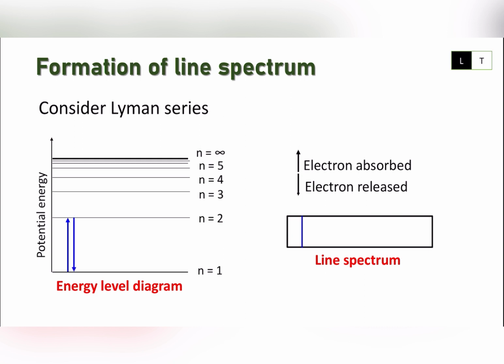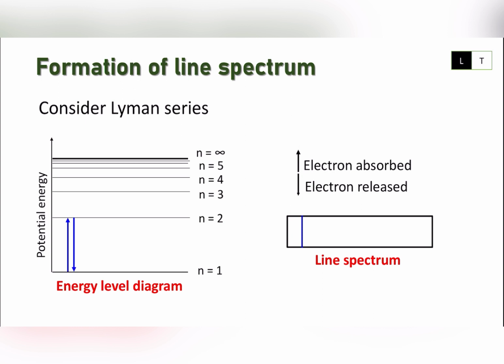This is why you get the first transition, the blue line. The blue line can only be formed once the electron falls back down to the lower energy state. It will not form yet at the point when the electron absorbs the energy. So please make sure you understand that concept.